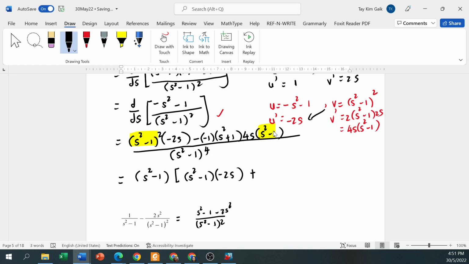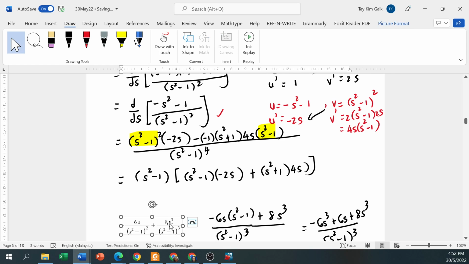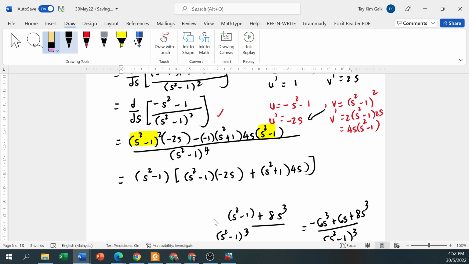I factor s squared minus 1, I still have the s squared plus 1 multiplied by 4s. Okay, delete first, and then you have to expand, simplify. Hopefully we get the same answer.